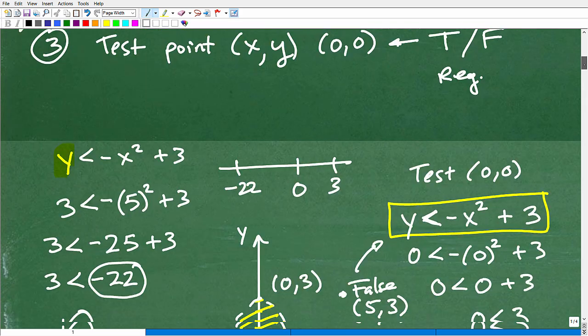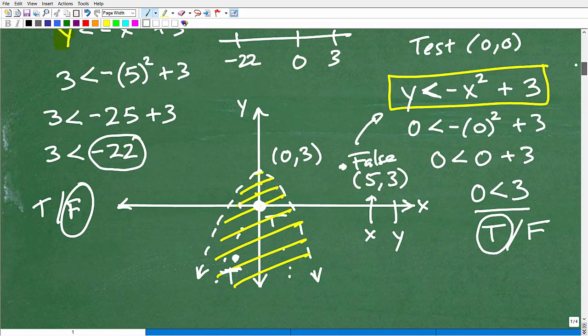Actually, let me talk about that real quick. What does the dotted line mean? Okay, well, the dotted line means this: points that are in fact on the dotted line, like this point right here, (0, 3), is on the actual border.